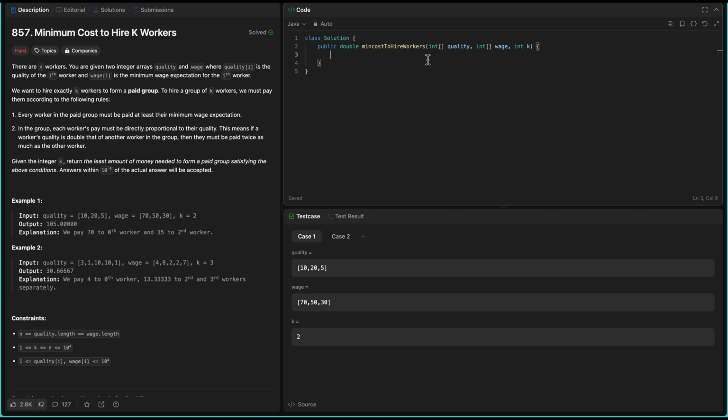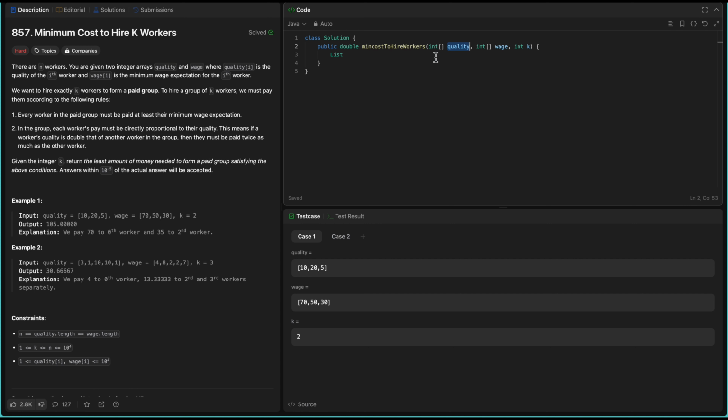So first thing we need to do is create the list of unit prices, right? One way is I can create a tuple or pair of integer and double, where integer can be an index into the worker number, and the value can be the double value there.